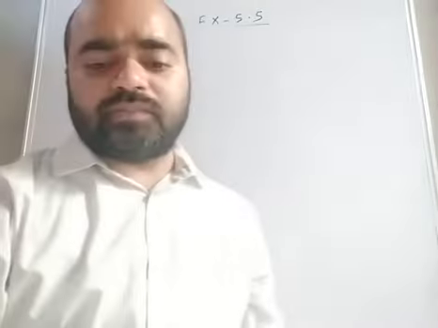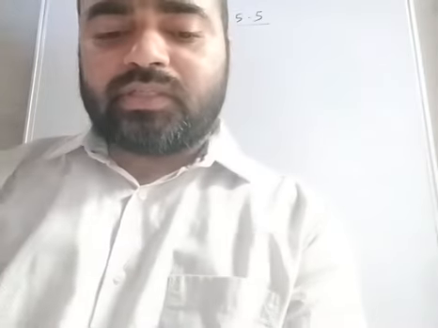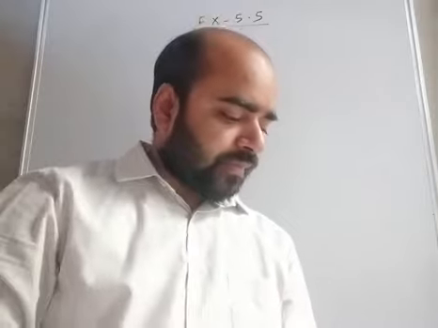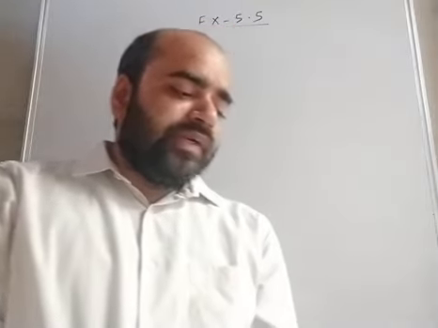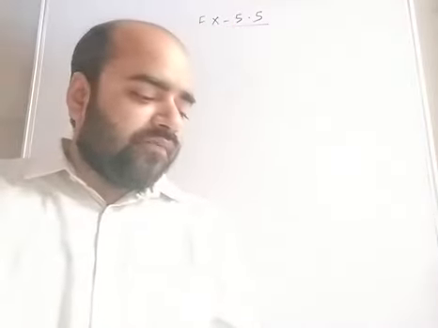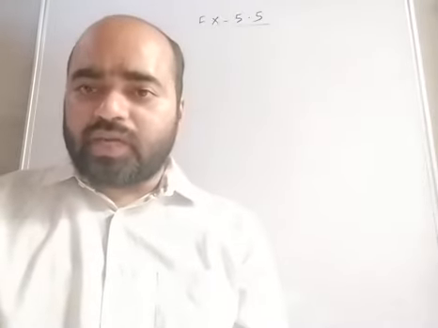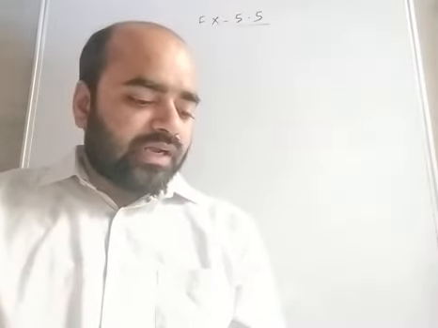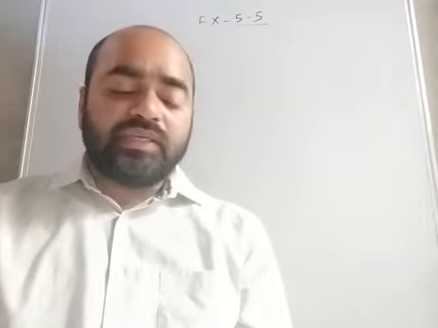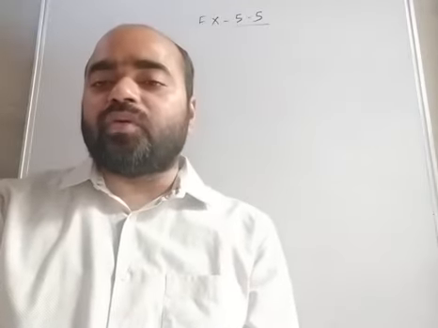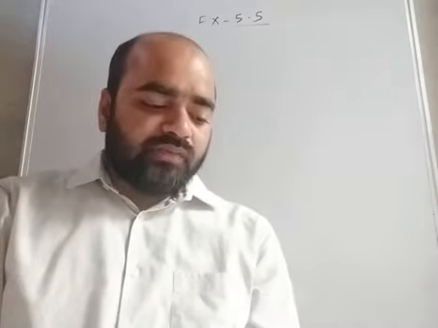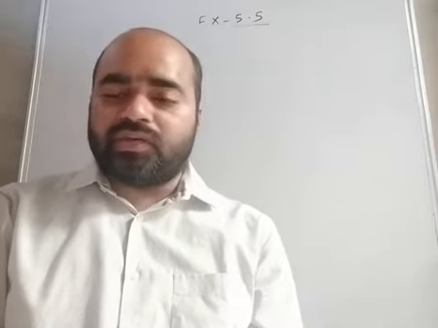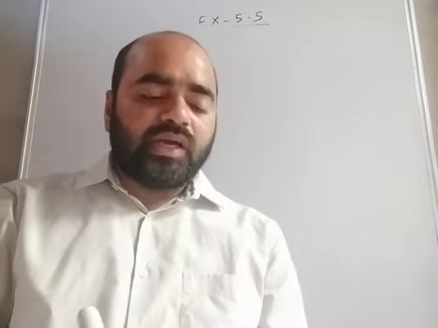Now next question. Next question is, in a PT display 480 students are arranged in rows and columns. If there are 4 more students in each row than the number of rows. What is given? There are 4 more students in each row than the number of rows.